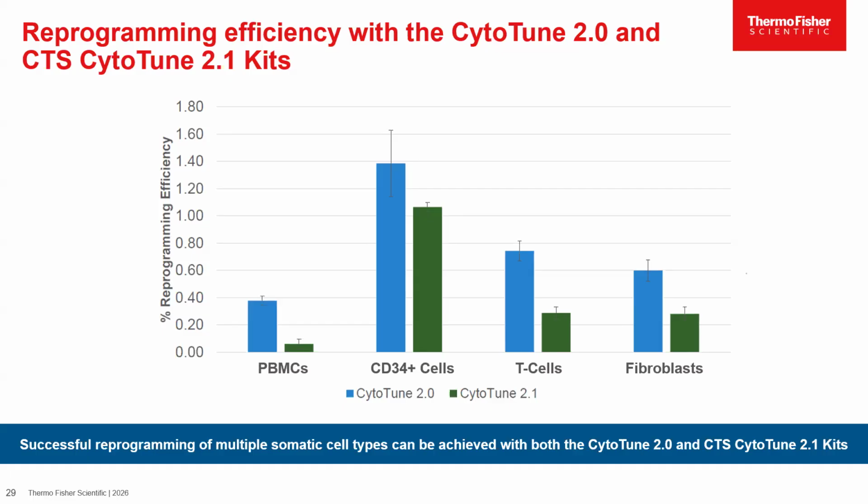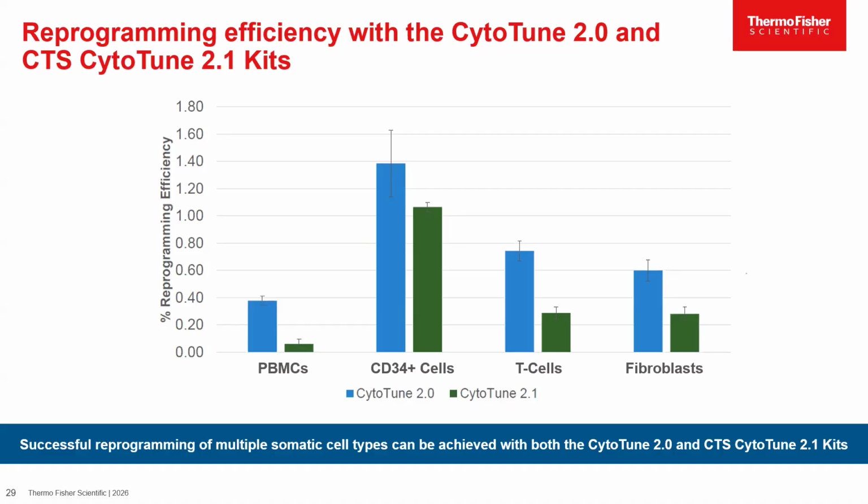That said, also think about the other side of the coin. I mentioned to you that every colony that you see at the end of your reprogramming protocol is essentially a single cell that reprogrammed. If every single cell did that, you'd have a very hard time figuring out which cells or which clones to pick.